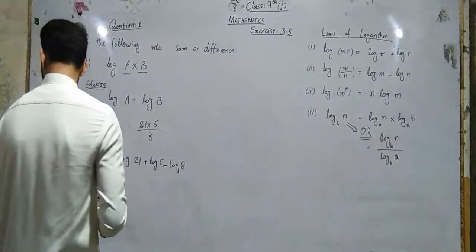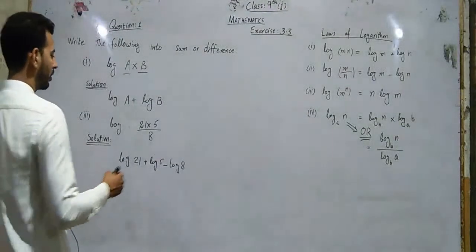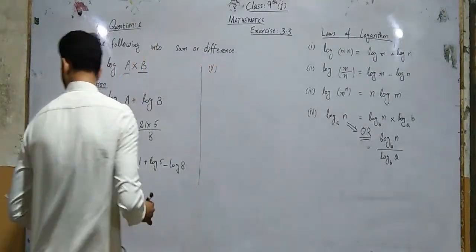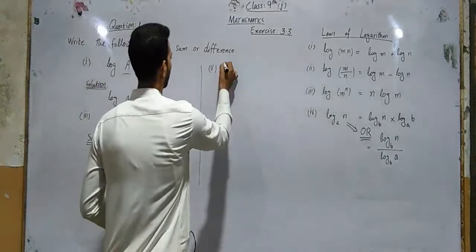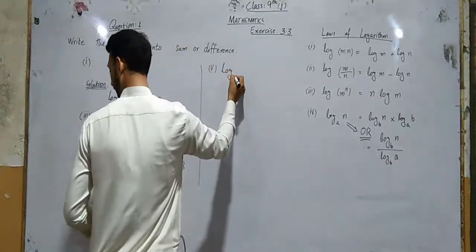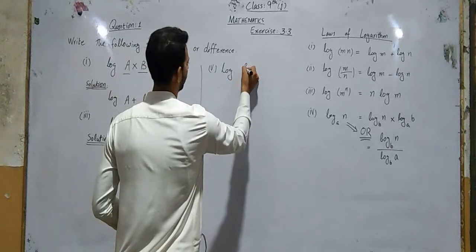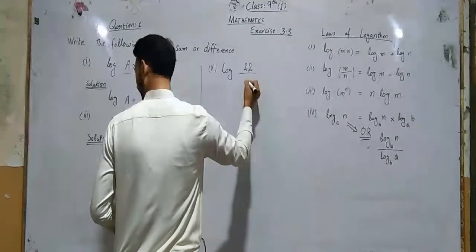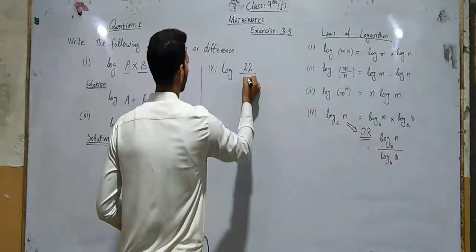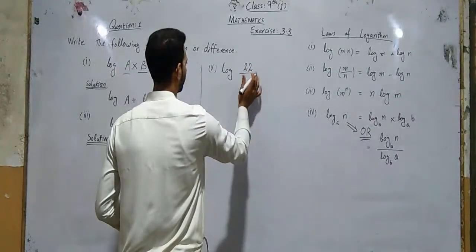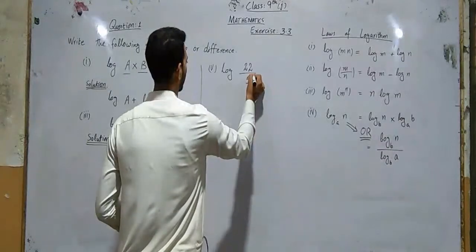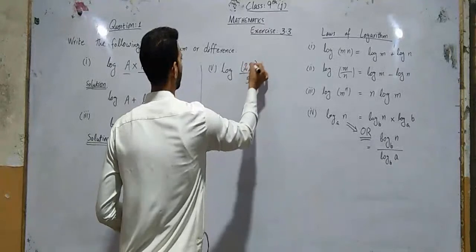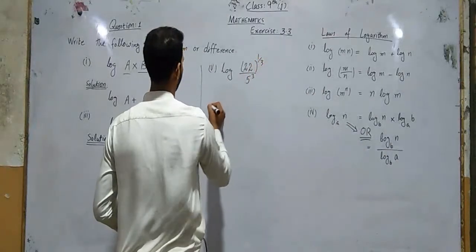Next question, if we see question number 1 part number 5, that is log of 22 to the power 1/3 divided by 5 to the power 3.